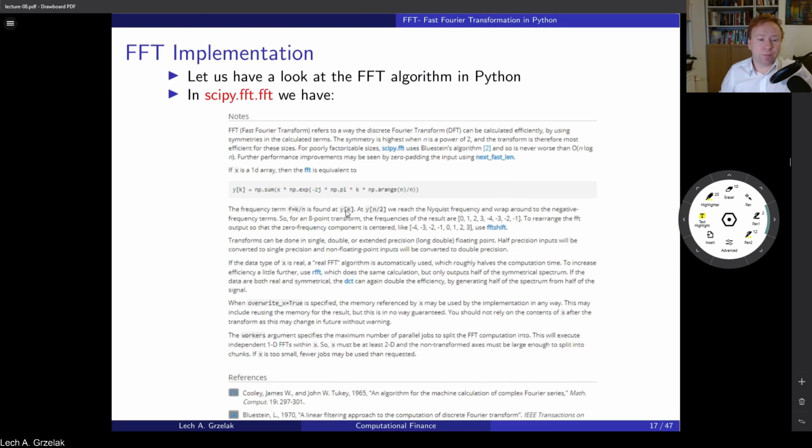So you see that this is a manual I have taken from SciPy regarding FFT, and you can see that if you would like to apply FFT, this is exactly the same form that we have derived. So it's a summation, and then we have an exponent. You see that's an exponent of minus 2 times i times pi times k, and then we have n, so it's k times n.